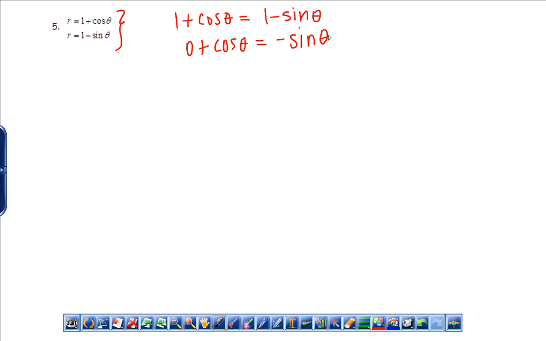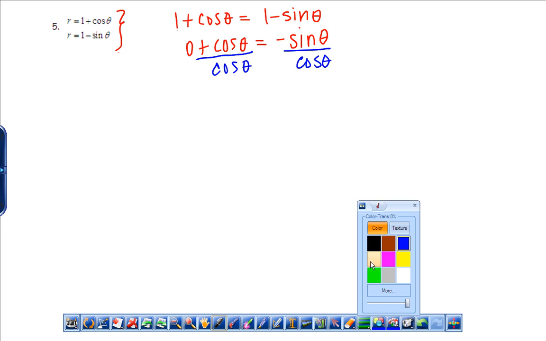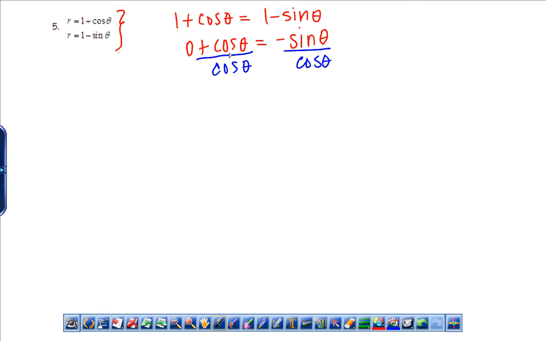But this time, I am actually going to divide by cosine. And I'm not getting rid of it. I am changing it. It's changing into something else. Cosine over cosine is 1. Sine over cosine gives you a negative tangent.